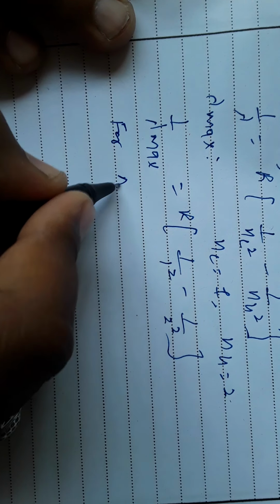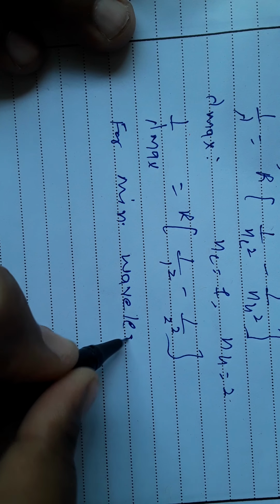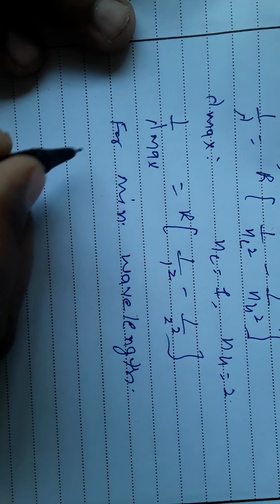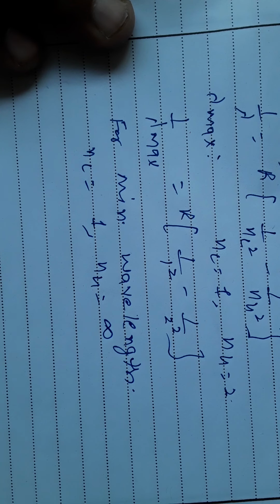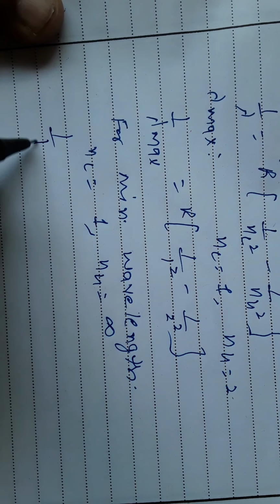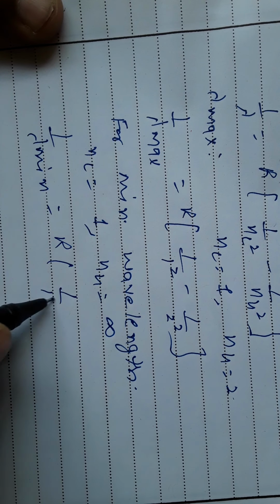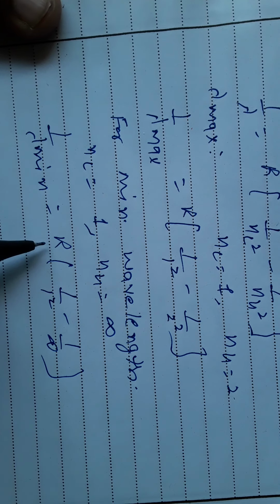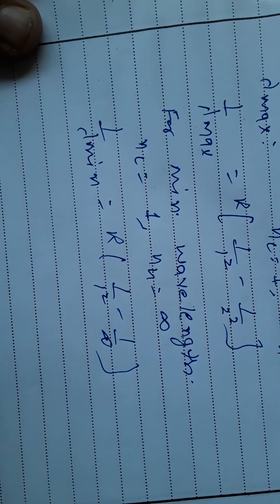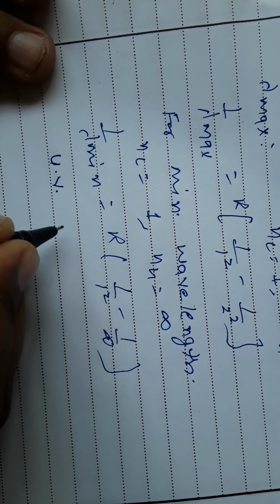For minimum wavelength, nl is equal to 1, nh is infinity, so 1 by lambda minimum is equal to R into 1 upon 1 square minus 1 by infinity. By putting the value of capital R, we can find the minimum wavelength, and this series lies in the ultraviolet region.